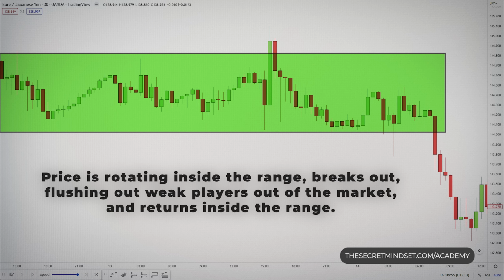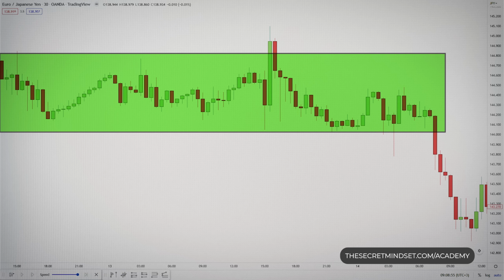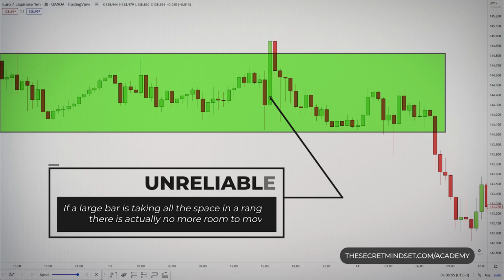But it is usually contained within an approximate range. If a large bar is taking all the space, there is actually no more room to move. Price has to reverse. Therefore, when you see a large body candle in the middle of the range, don't enter. It's a possible trap, so fade it.